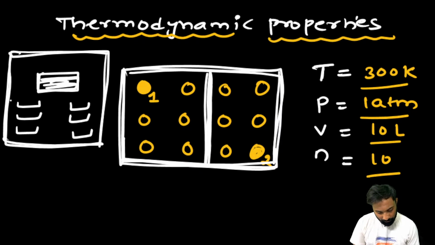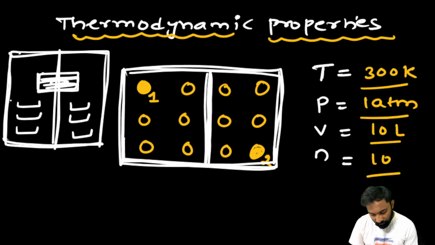Okay? Now what I will do is make a partition in our class like this. If I divide our class, then what happens to the thermodynamic properties? What happens to the thermodynamic properties?